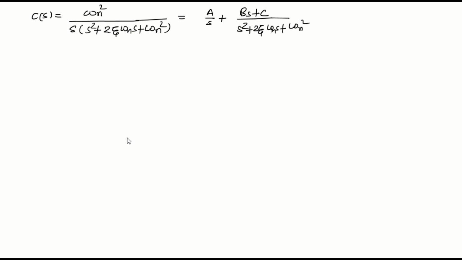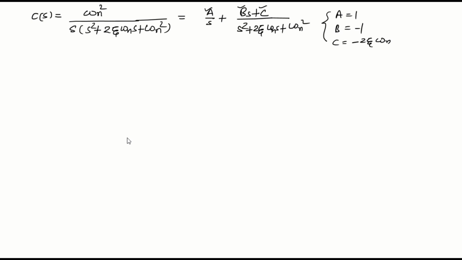Now we can easily compare the left hand side and right hand side to calculate the coefficients A, B and C. Let me directly write these values. A is equal to 1, B will come out to be minus 1, and C will come out to be minus 2 zeta omega n. So we can put these values in this equation.